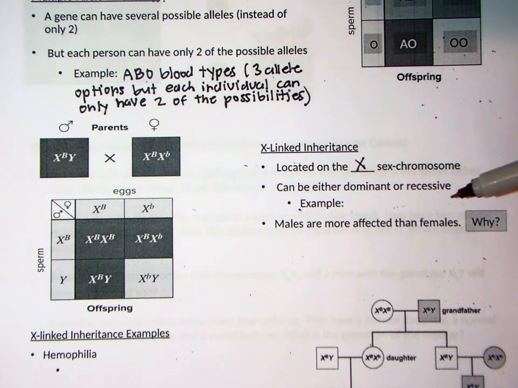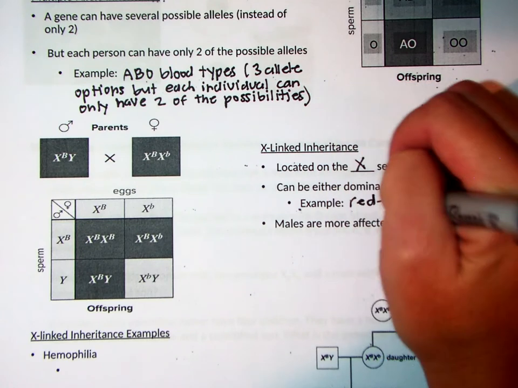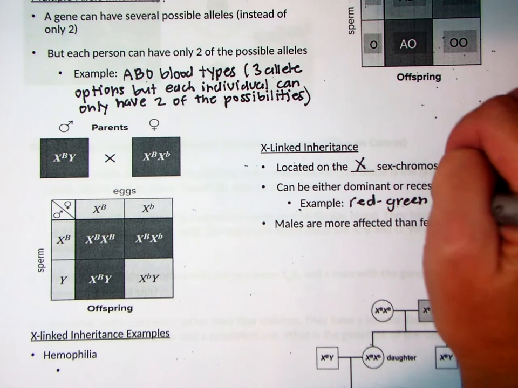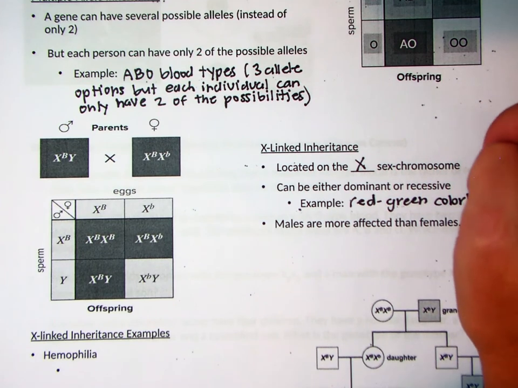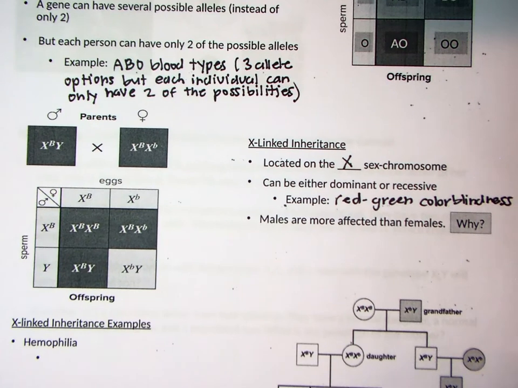An example of this is red-green color blindness. This is a recessive trait that's carried on the X chromosome.